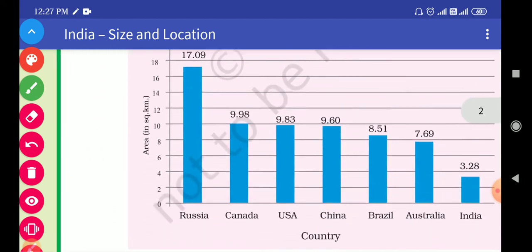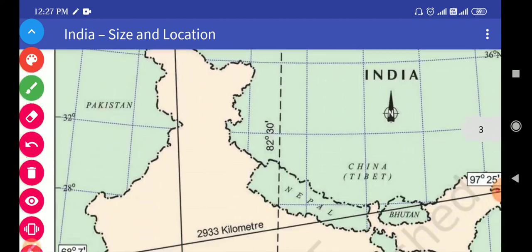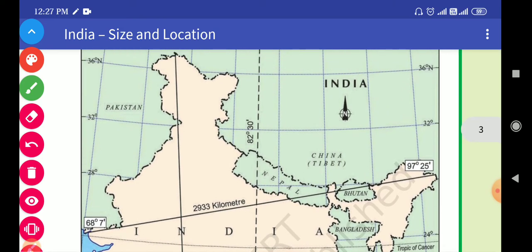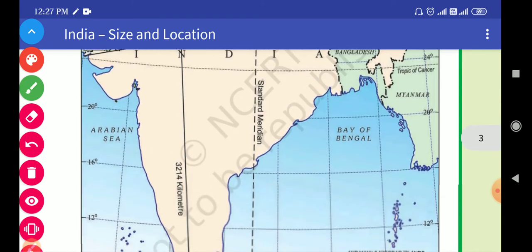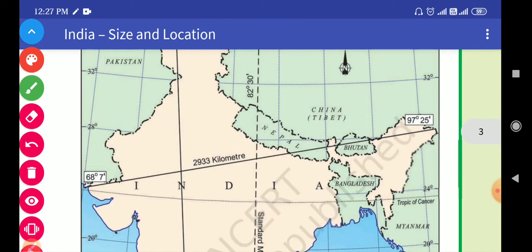Once again we have to see the map of India. It is being talked about the latitudinal and longitudinal extent. If we see the north-south extent and east-west, it appears that the north-south extent is larger than the east-west.